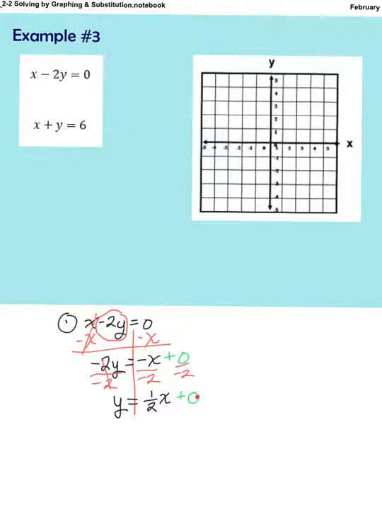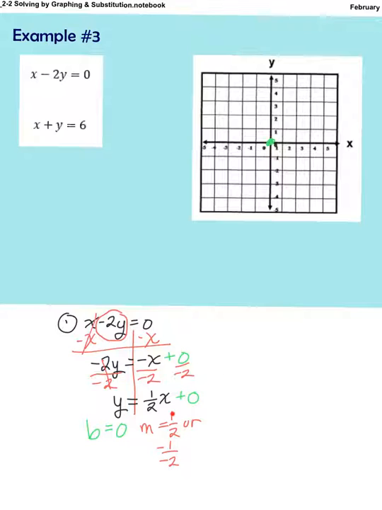So as you can see, I don't really have a constant here, and so that is your y-intercept. If you don't have anything added or subtracted to your x term, your y-intercept is 0. So we're going to intersect the y-axis right there at the origin. And then my slope is +1 over 2 or -1 over -2, because you've got to change both signs.